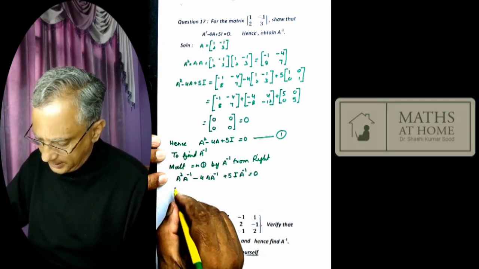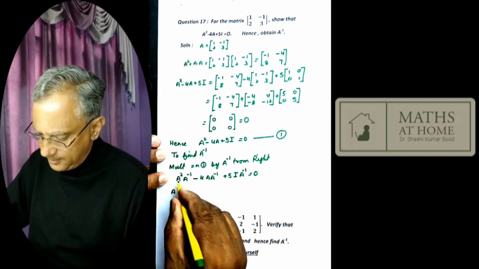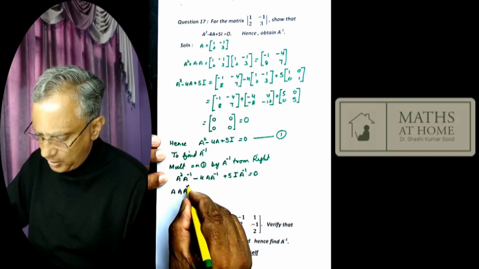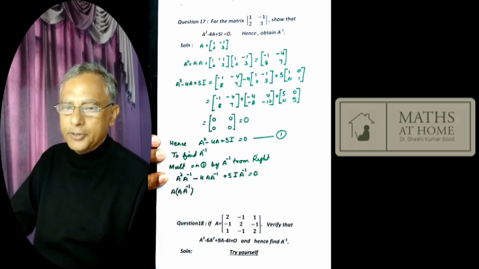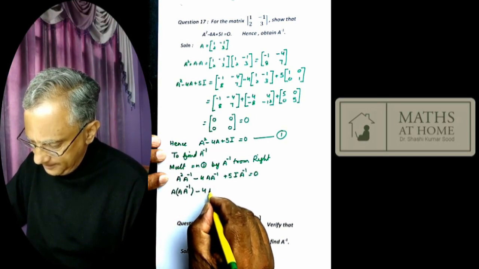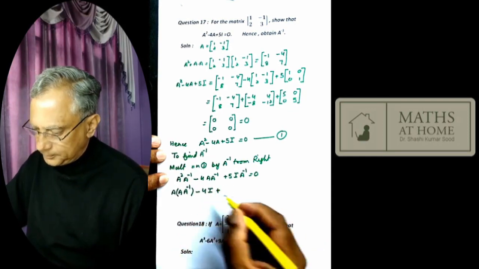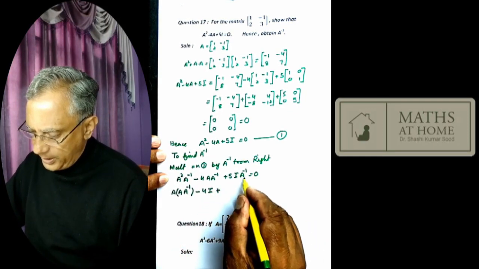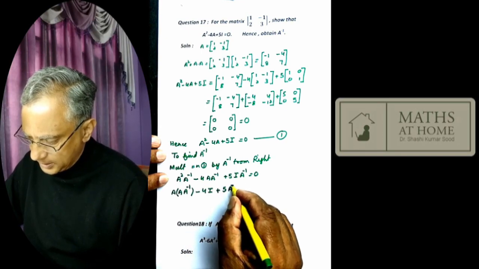Now this can be written as A into A. A square can be written as A into A. And by using associative law, we can associate these two. And we get A into A A inverse, minus 4A A inverse, plus I into A inverse is 5A inverse.